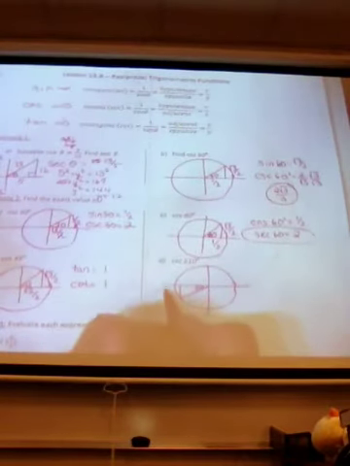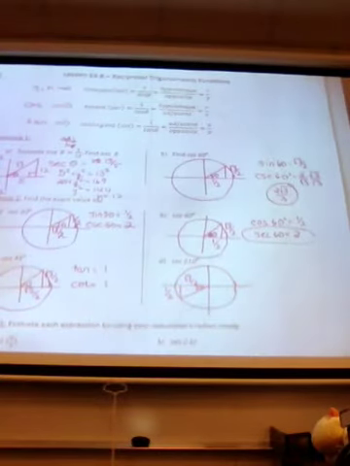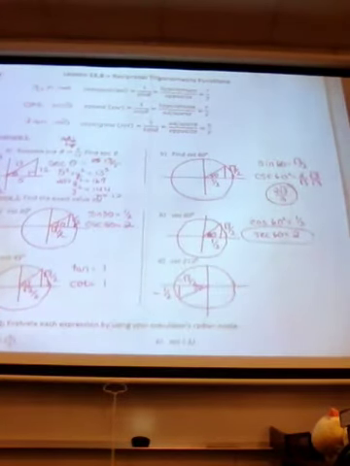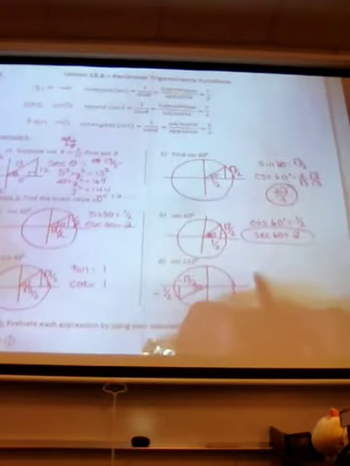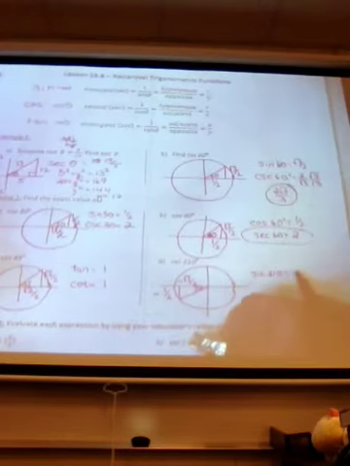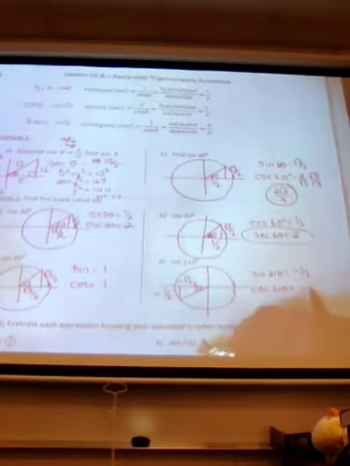The y. Are any negative? Both of them. What's the primary function? Cosecant goes with sine, and the sine of 210 degrees is negative 1/2. So the cosecant of 210 degrees is negative 2.